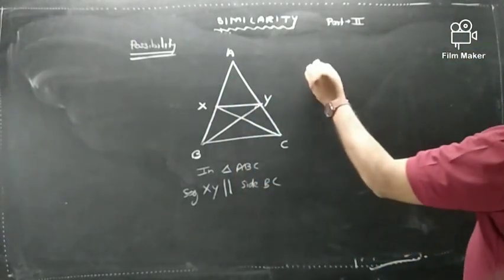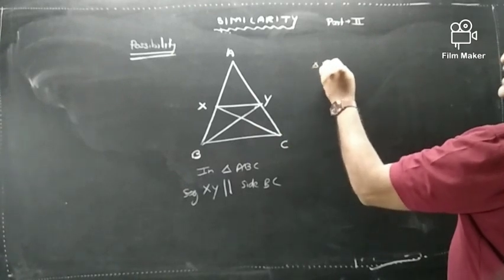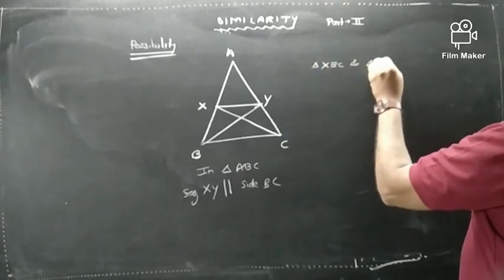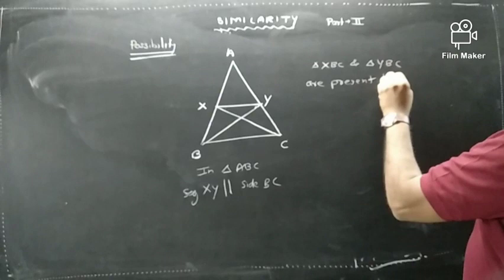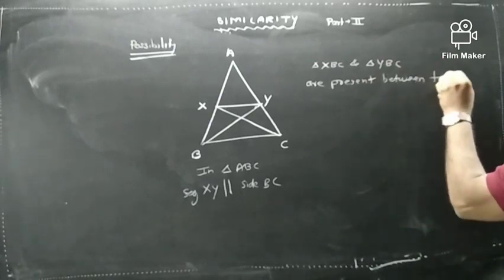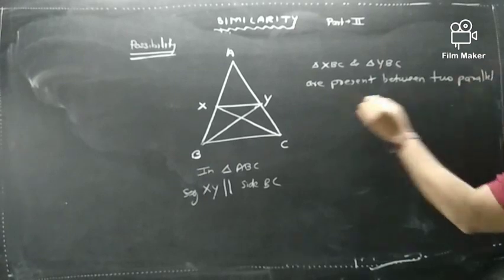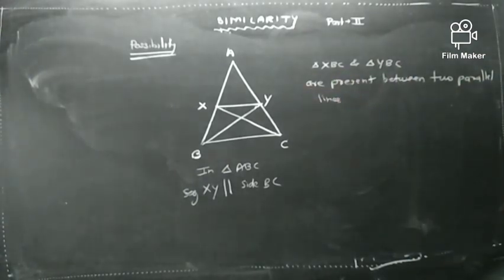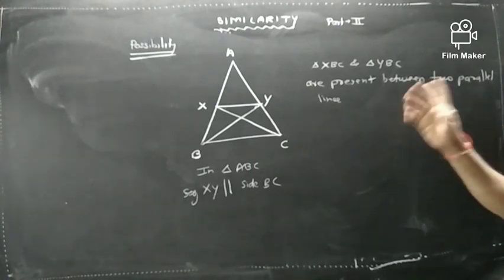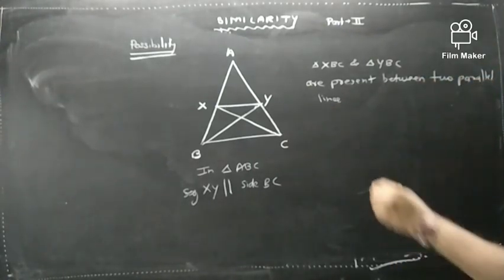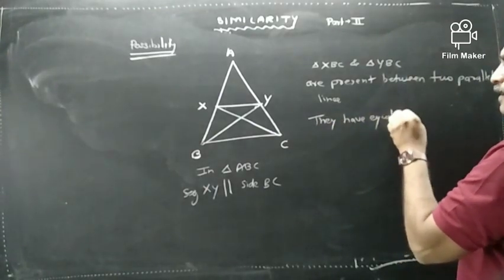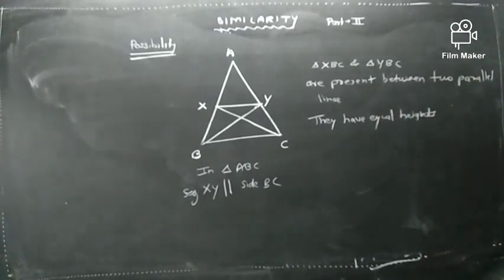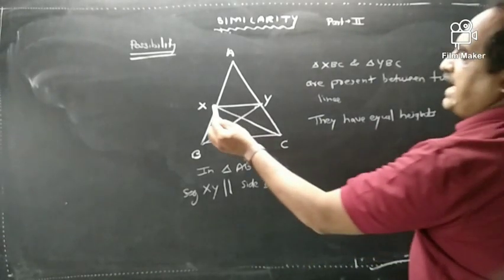So I can say that triangle XBC and triangle YBC are present between two parallel lines. This is a very important thing: when two triangles are present between two parallel lines, you should know that they have equal heights. Now heights are equal. What is the base of XBC?